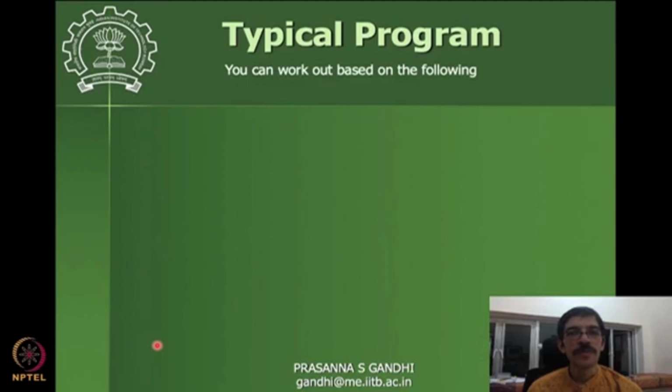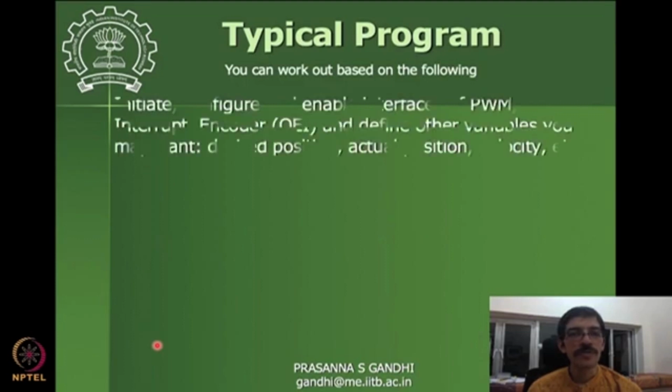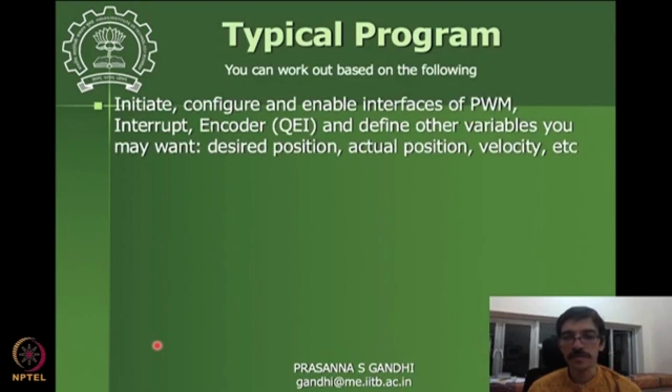So for this typical program, you can use the following hints to develop on your own. You need to initiate, configure, and enable all the interfaces that you need for this closed loop system operation to work: PWM, interrupt, the encoder QEI module, and any other variables you want to define.